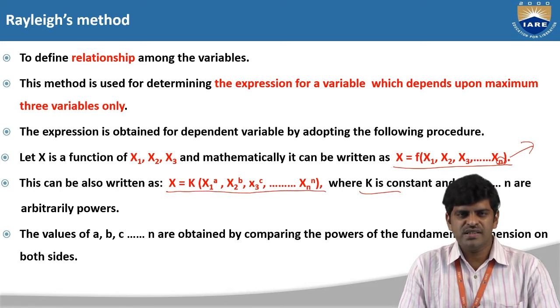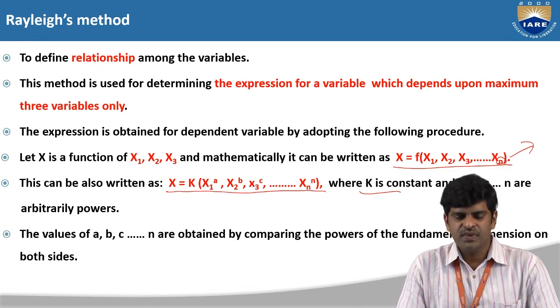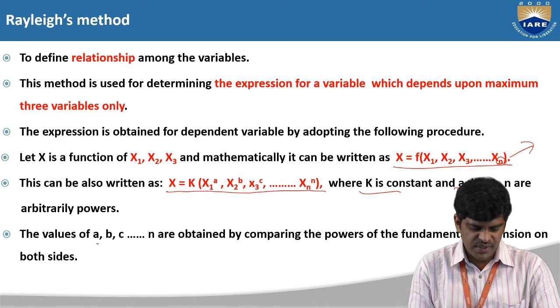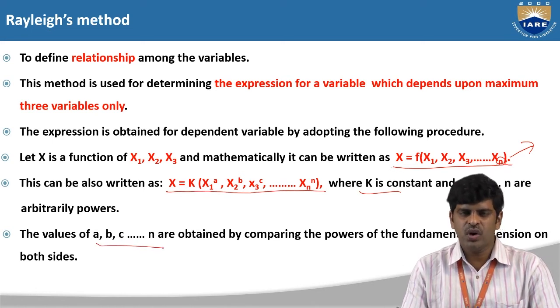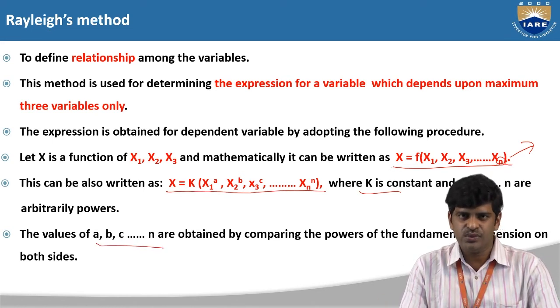So this method is very simple to give the relation between the variables. The values of a, b, c and so on, the arbitrary powers, are obtained as follows.